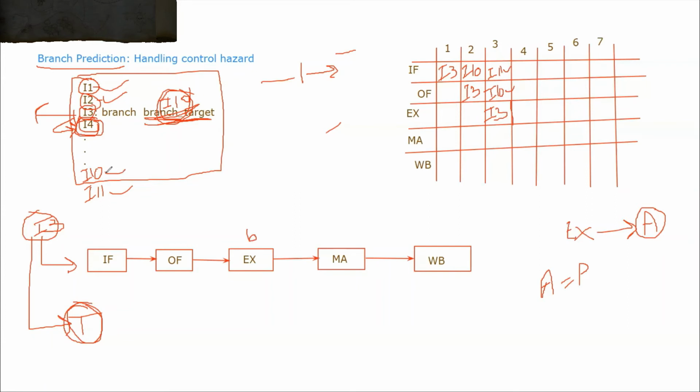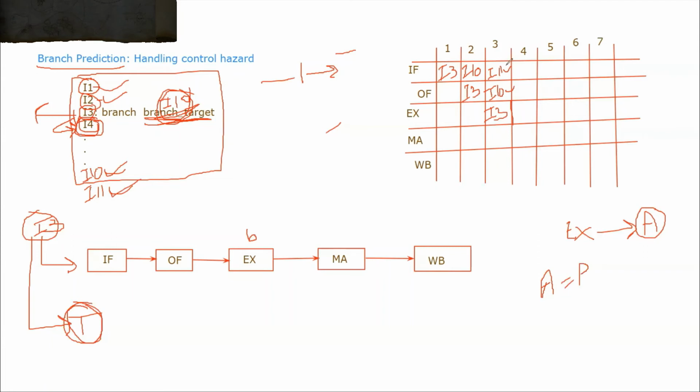Then the next instructions after I3 should have been I10 and I11, and in the diagram we also have I10 and I11.